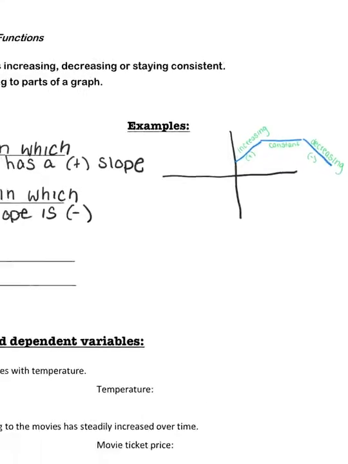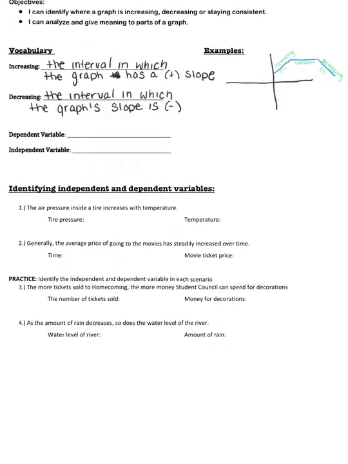Okay. So zooming out of that, then we also have what's called the dependent variable and the independent variable. So I say that a dependent variable is affected or changed, so affected by your independent. And this always lies on the y-axis.